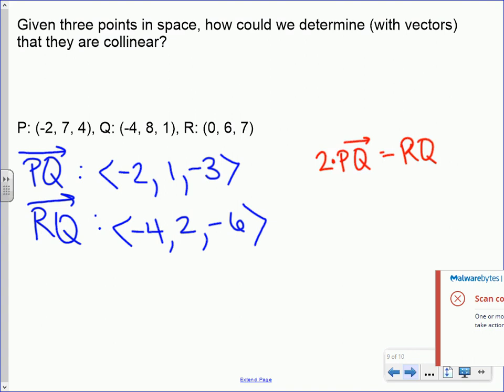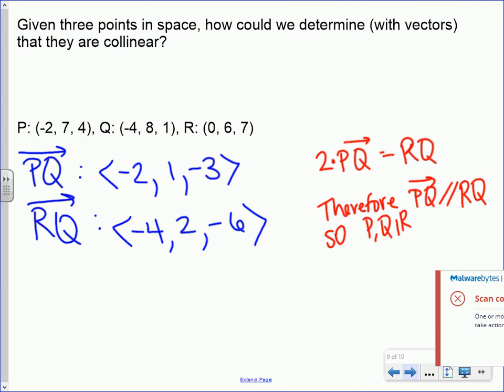Okay, so we know that PQ is parallel to RQ. So P, Q, and R, must be collinear. Okay. I do want a little bit of an explanation. I need you to tell me how you know that they're parallel, and then I need you to tell me since they're parallel, they must be collinear.